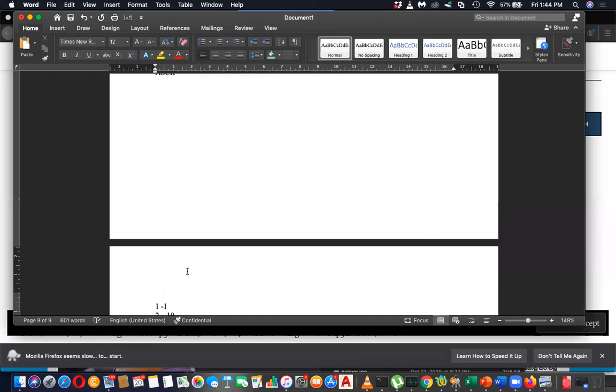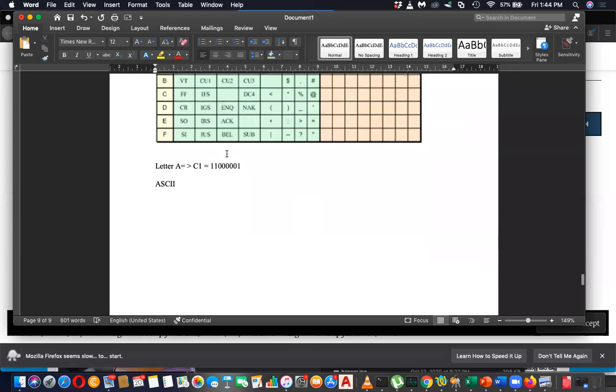And there's an extended version, extended American Standard Code for Information Interchange. This ASCII is 7-bit. That means 2 to the power 7 symbols. How many symbols altogether? 2 to the power 7 means 128.